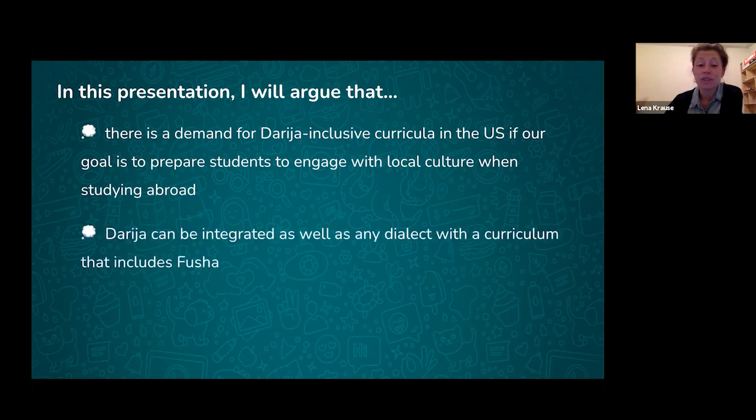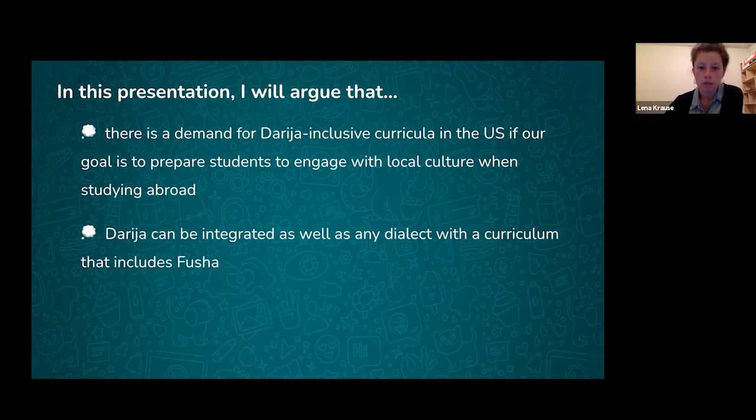I will also argue that this is possible. I'm working on it right now, and even for a curriculum that is Fusha-focused or includes a lot of Fusha, I argue that Darija can be integrated, as well as Shami, Masri, Khaliji, or any other dialect.